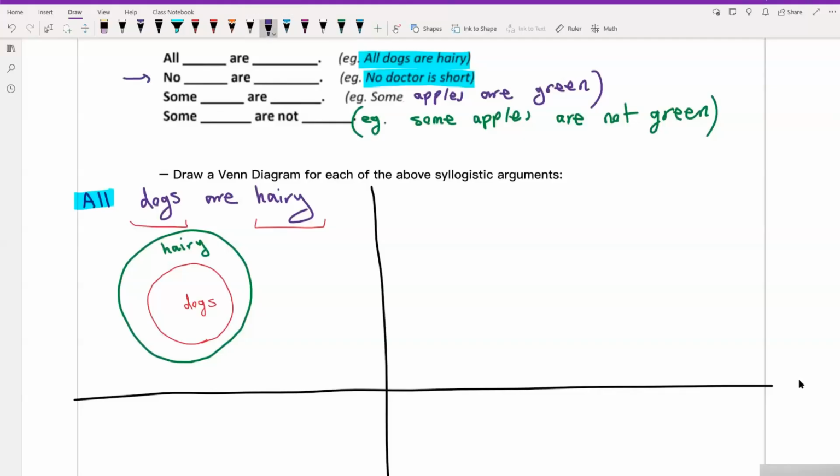Now the second is no doctor is short. Again, I'm going to start with the first one, doctor.